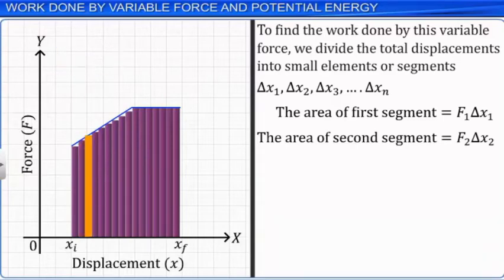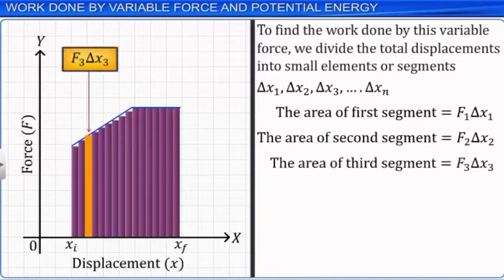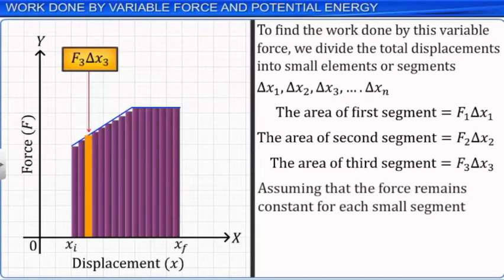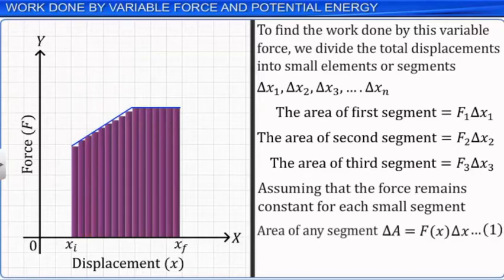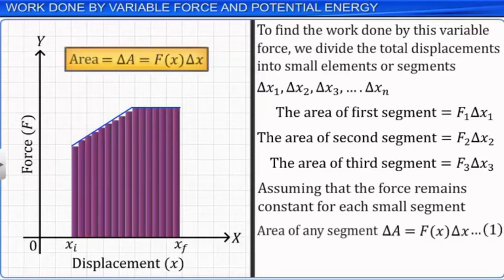For the third segment, delta x3, work done is the area of the third segment, that is, F3 into delta x3, and so on. Here, we assume that the force remains constant for each small segment. Thus, the area of any segment will be denoted by the expression delta A = Fx delta x. Let this be equation 1.